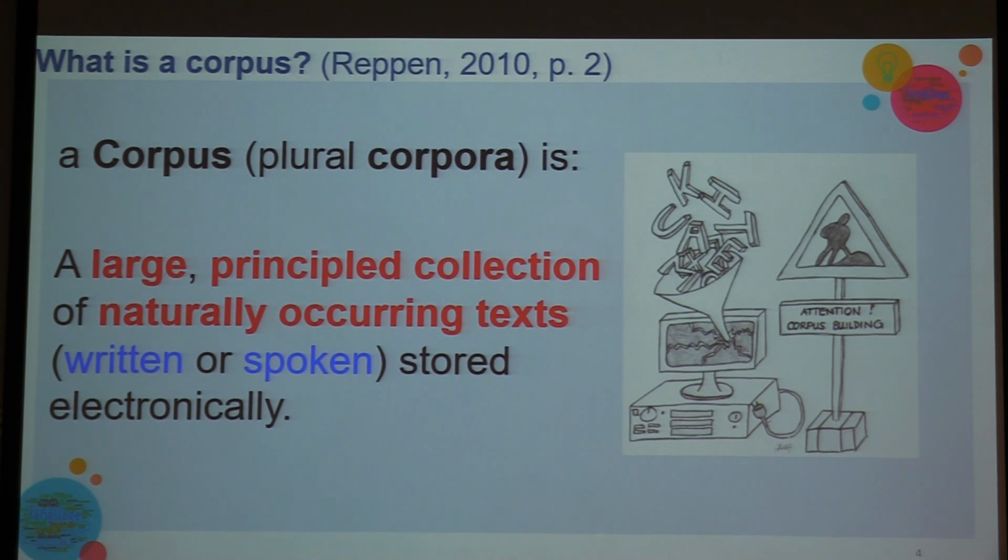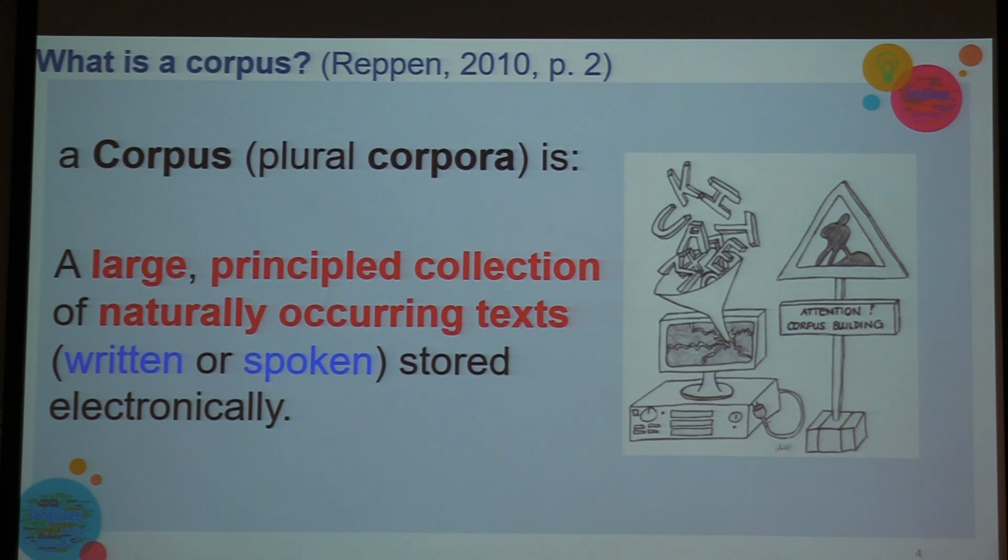So when you collect a corpus, you have to follow some principle. Maybe I just collect a corpus of news, or I just collect a corpus of academic writing. You have to be systematic. Naturally occurring texts means these texts are real. We create these texts because they're used for a real communicative purpose.